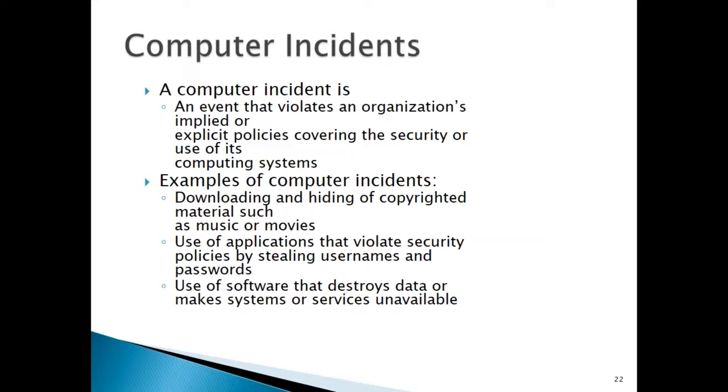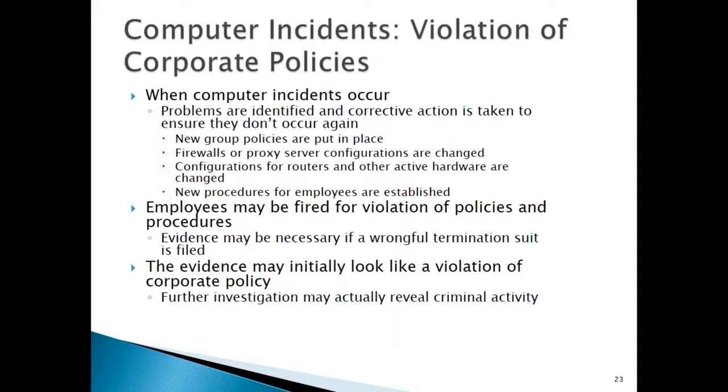And we just got some examples here, and I'm not going to cover these because they're kind of self-explanatory. Look at your security policy. Every one of you should have a security policy, and that policy should say what the user's allowed to do and not to do. Any violation of that is a violation of security policy. When it's a violation of security policy, it's an incident. If it's criminal in nature, then it's almost always an incident, okay?